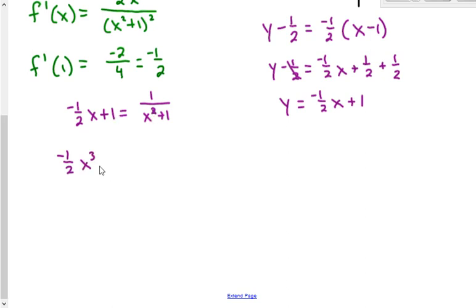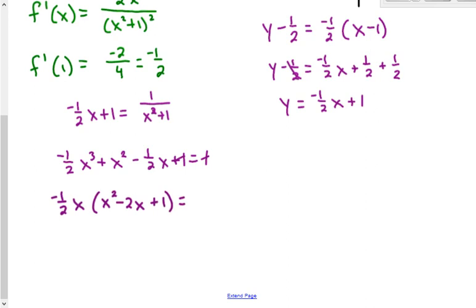Then x squared times 1 would be x squared. Then 1 times negative 1/2 x plus 1, and that would equal 1. Then the 1's would cancel out. I'd factor out a negative 1/2 x from all these terms, and I'd be left with x squared minus 2x plus 1. And then this would factor to (x minus 1) squared. So my zeros would be 0 and 1.